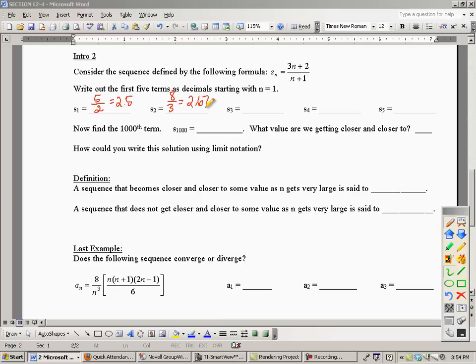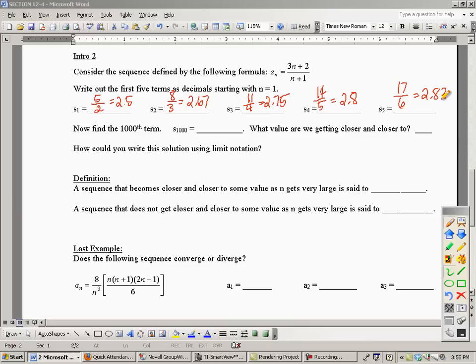If I do that for number 3, number 3 gets us 11 over 4, which is 2.75. If I plug it in for 4, I get 14 over 5, which is 2.8. And for 5, I get 17 over 6, which is 2.83.